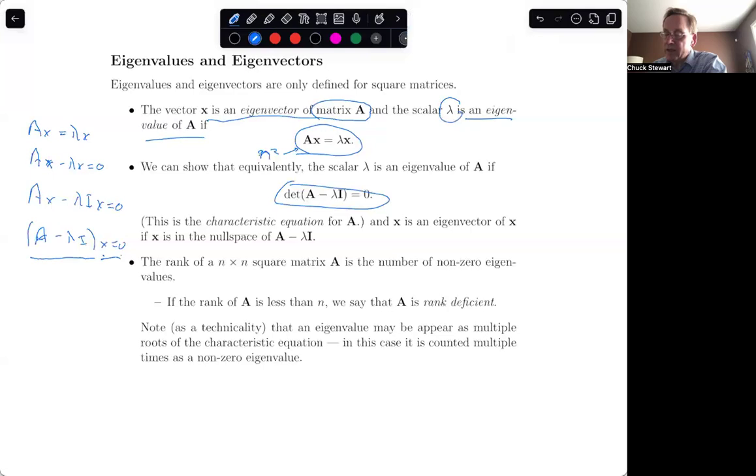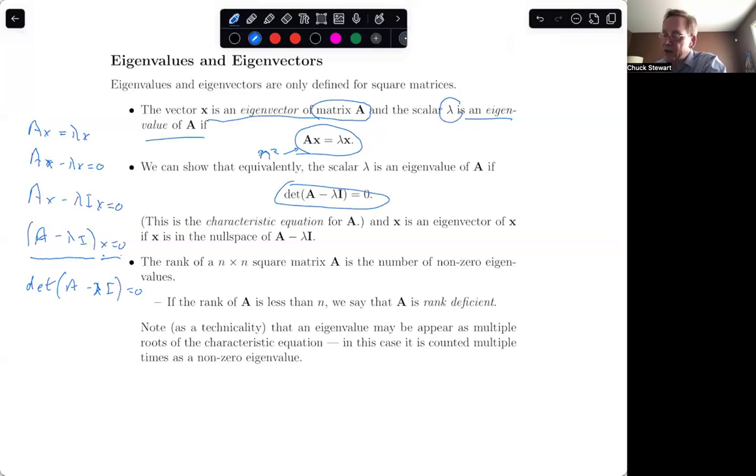So since A minus lambda I has to be singular, we know that the determinant of A minus lambda times the identity is zero.